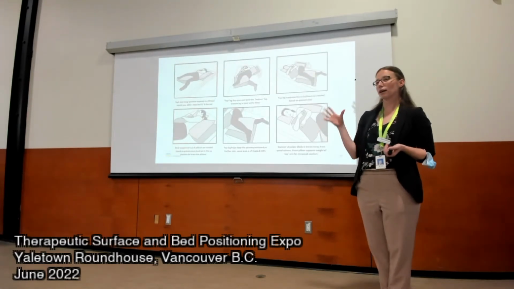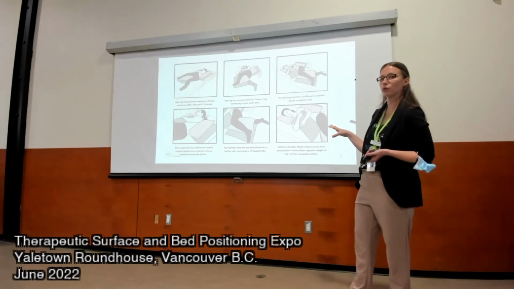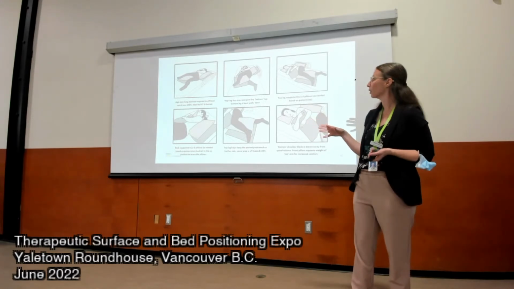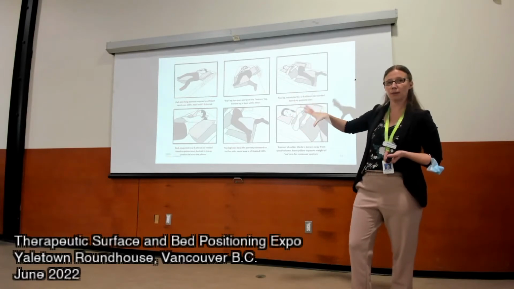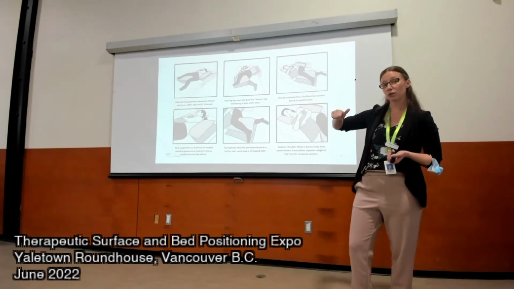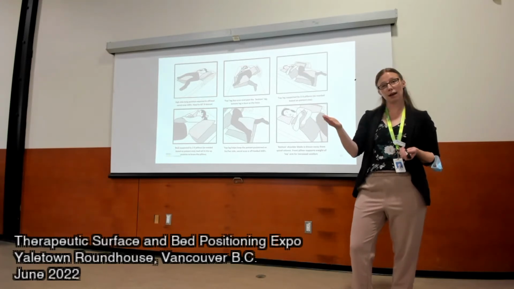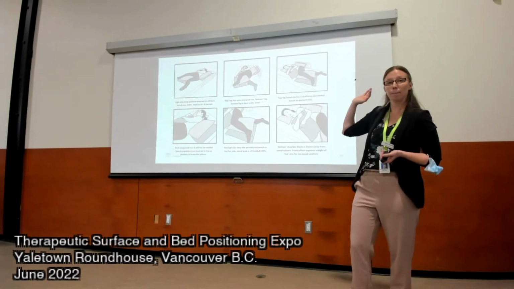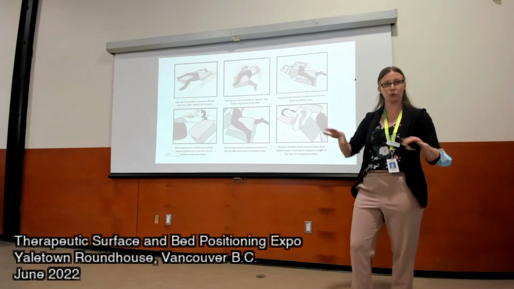So that was sitting up in the bed. Now we're going to shift to if the bed is flat and how we do the positioning there. This is how we would recommend you position somebody who either has a pressure injury or is at risk of a pressure injury. You want to have them at a 30-degree angle using pillows to support, and what that does is distribute the weight.